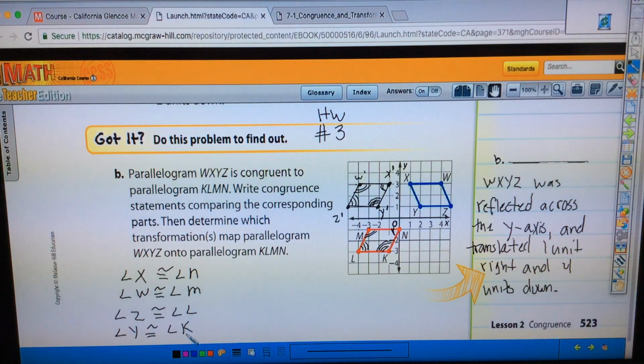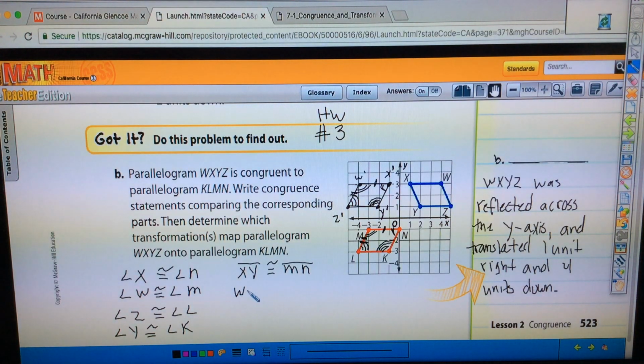Now I'm going to go ahead and do my side lengths. So line segment XY is going to correspond with MN. Line segment XY or YX corresponds with line segment MN or NM. Okay, let's see here, WZ, I'll give that 2 tick marks, is going to correspond with ML.